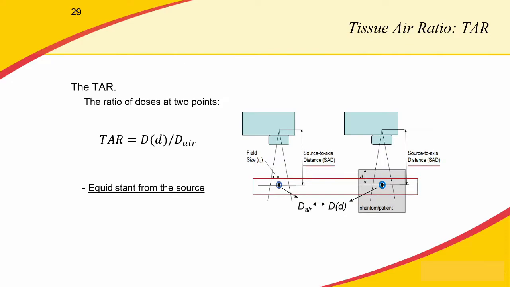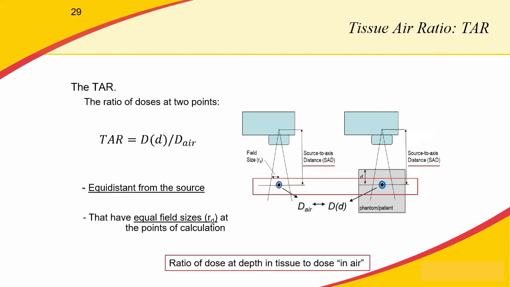In this case, it's the same SAD for both treatments. We would also have the same field size at the point of measurement in both cases. And so in the end, basically the TAR is a ratio of dose in tissue at a given depth in your phantom or patient to dose in air.